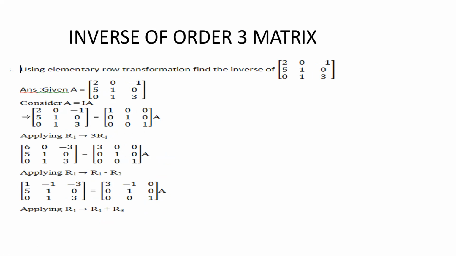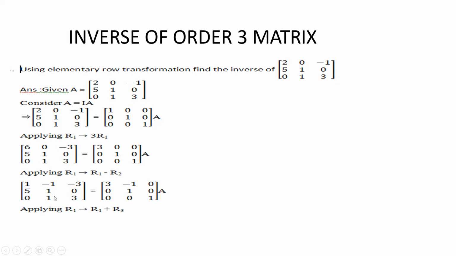Using elementary row transformation, this is a third order matrix where we are doing some row operations to find the inverse of A. Similarly, R1 is equal to 3 R1. These are not mandatory; you need to go for different iterations, and it's on your own wish.